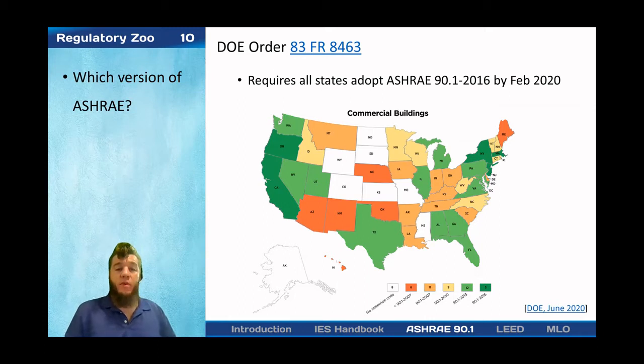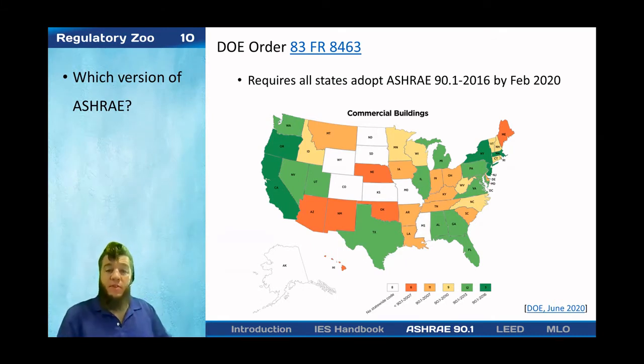What this order states is that all states should adopt ASHRAE 90.1 2016 by no later than February 2020. Okay, so what is the reality of that state level adoption? Because DOE can't actually mandate this directly. Well, it's a mess. It's literally all over the map.